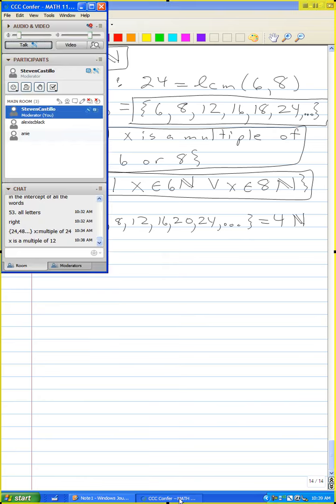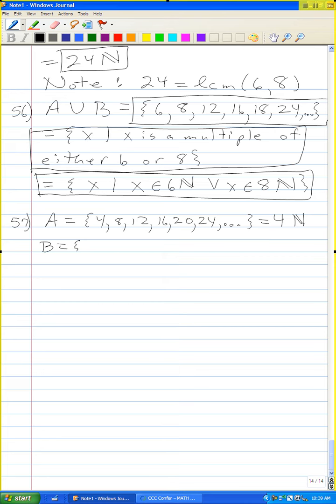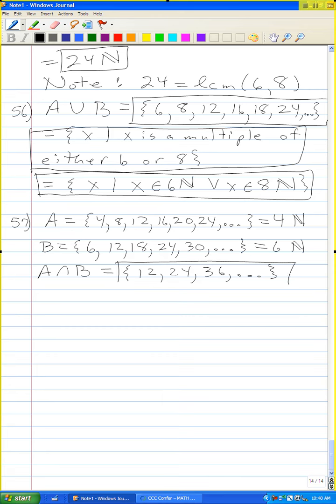B is the multiples of 6: 6, 12, 18, 24, 30, etc. And so A intersect B will just be 12, 24, 36, etc. It's just the set of all x such that x is a multiple of 12.